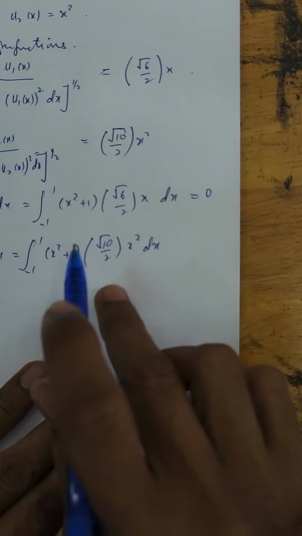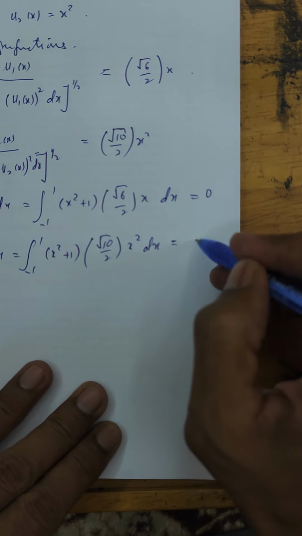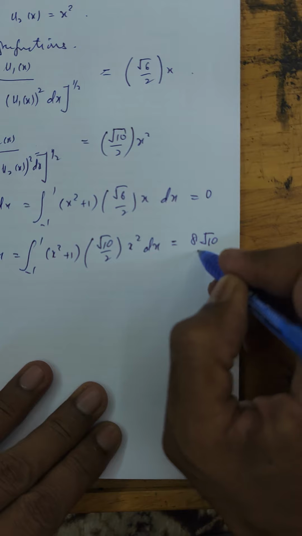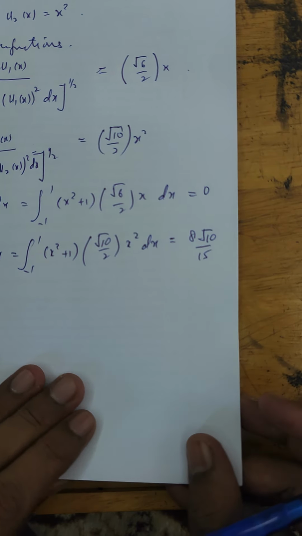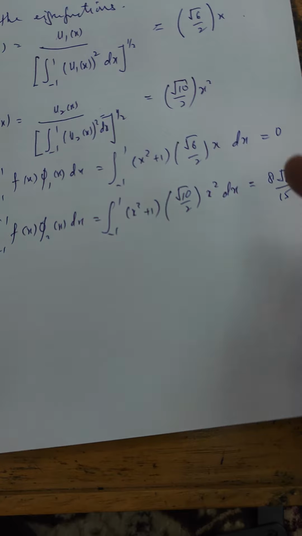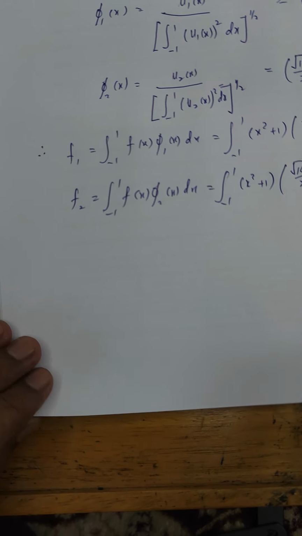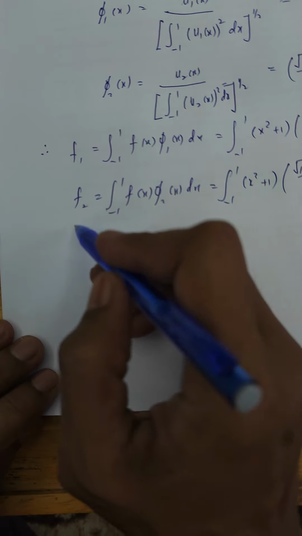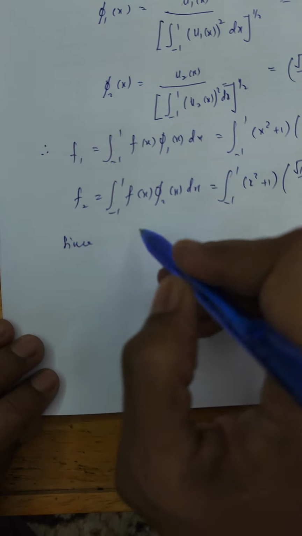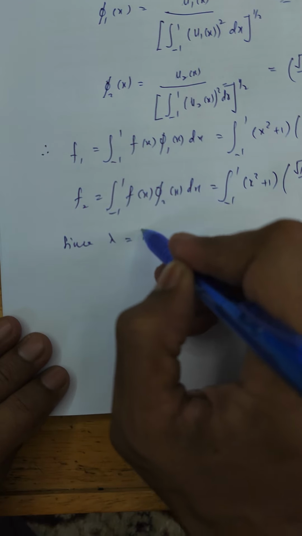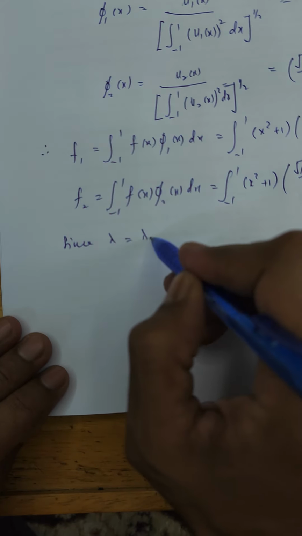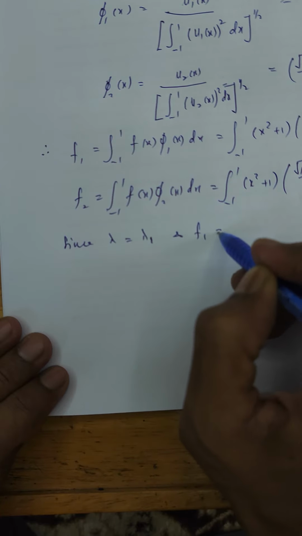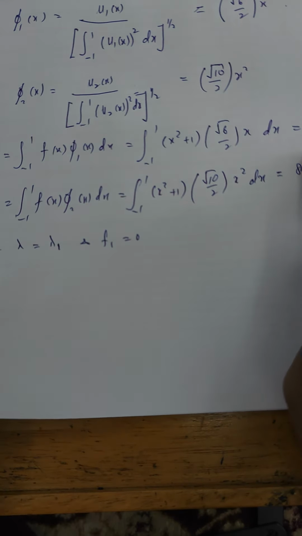Evaluate this, that will give you 8 square root of 10 over 15. Now, having obtained f1 and f2, then we can construct the solution. Since our lambda is equal to lambda 1, and f1 is 0.